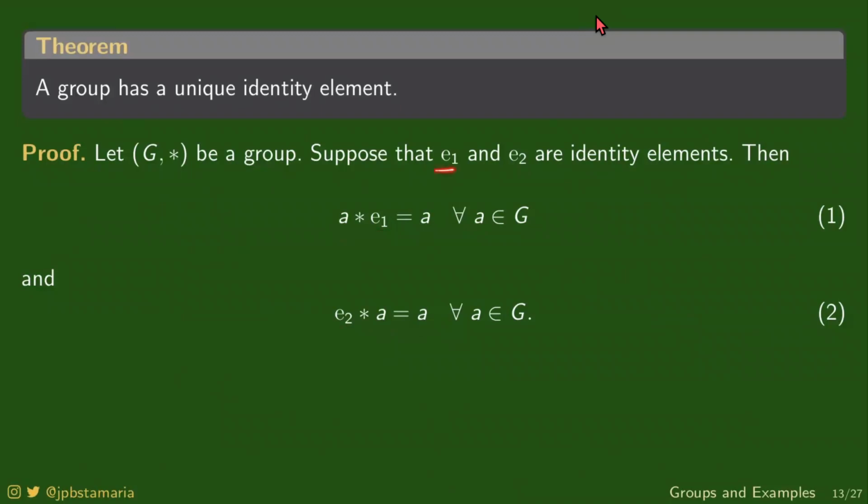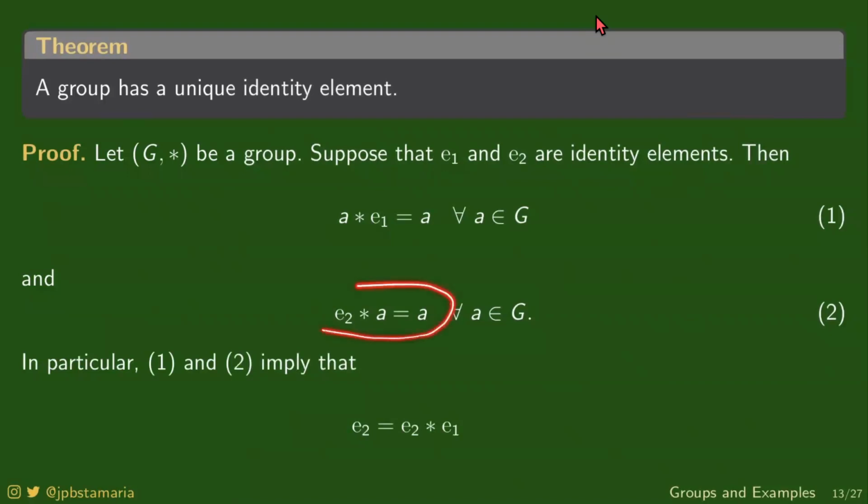However, itong E1 at E2, they are themselves elements of G. Sila ay mga nasa G. Correct, di ba? But they can take the place of A in these equations. In particular, mali si sir. Ito pala yan. Sorry. If in the first equation, replace ko si A by E2, ito yung lalabas.